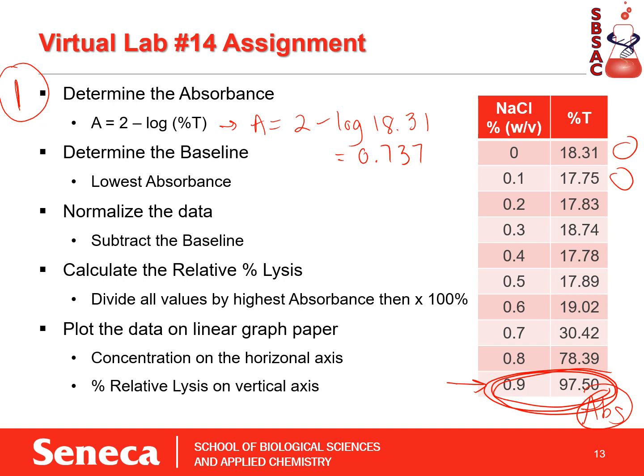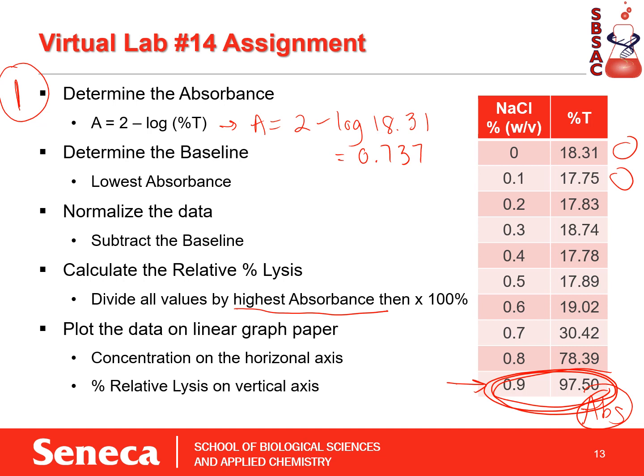Then you can plot your graph. First you have to calculate your relative lysis. So you're going to divide all of your absorbance values by the highest absorbance that you have, and then multiply by 100. So you can fill in the column there for relative percent lysis.